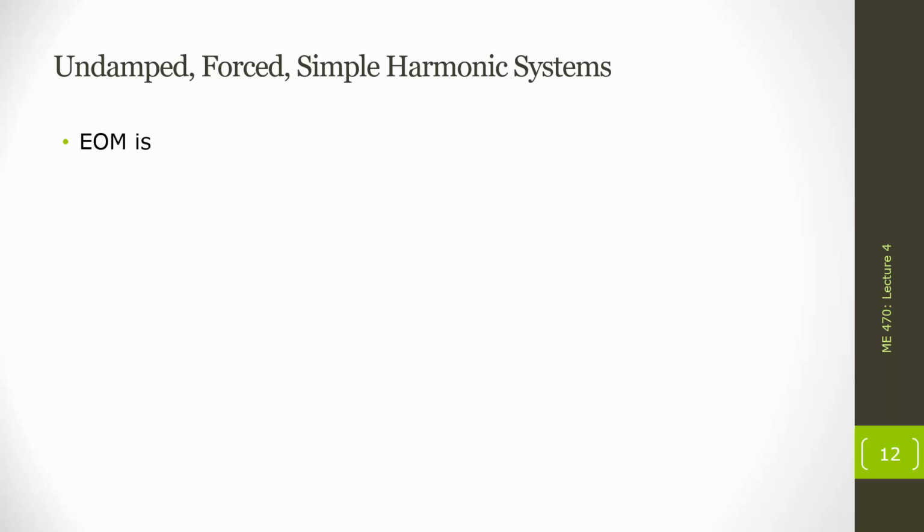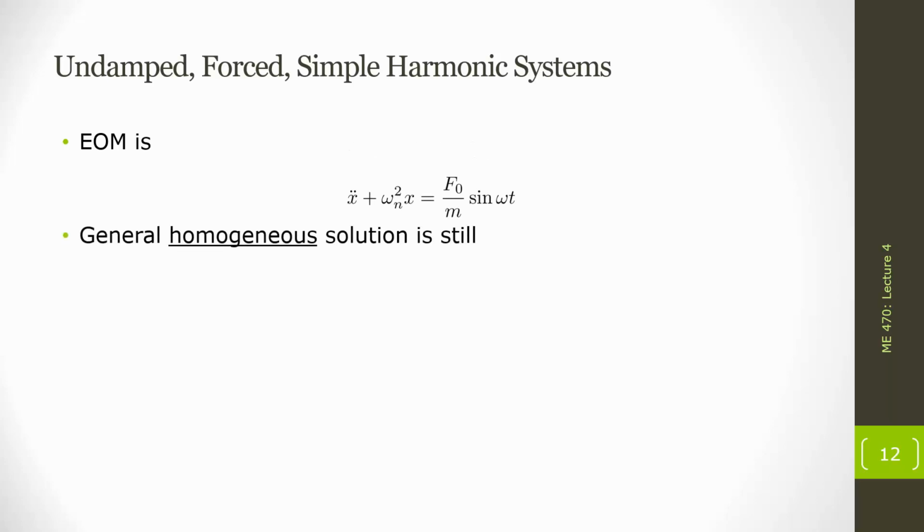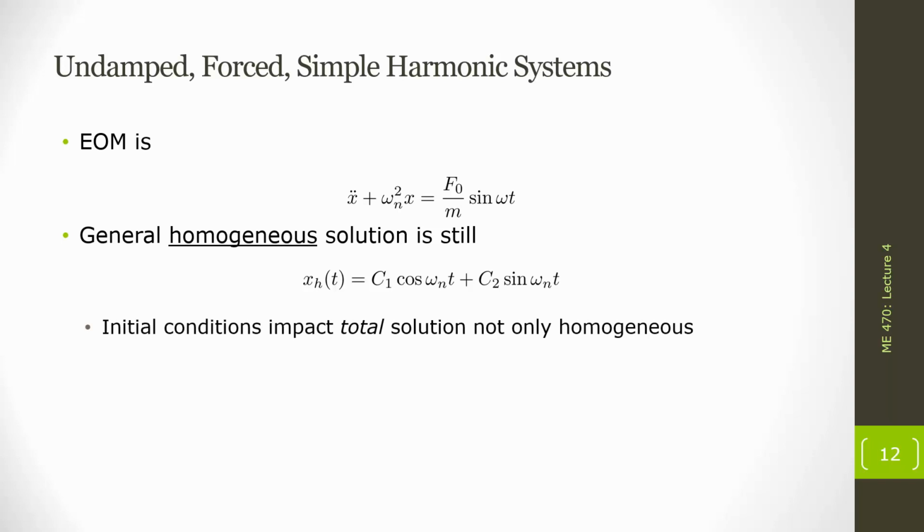So we can rewrite it, and it's going to look basically the same. The homogeneous solution is unchanged because the left-hand side is what determines the homogeneous solution. And the particular solution is going to be in the form of x sine omega t, because that's what the right-hand side looks like. Again, this is an undamped system.